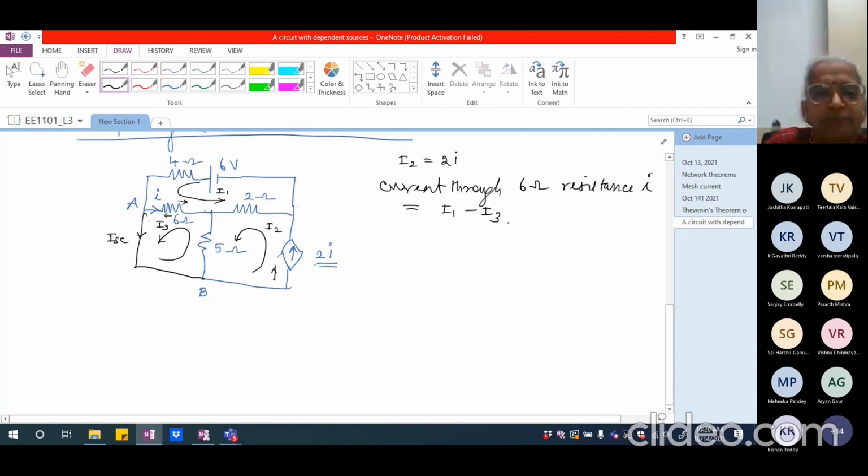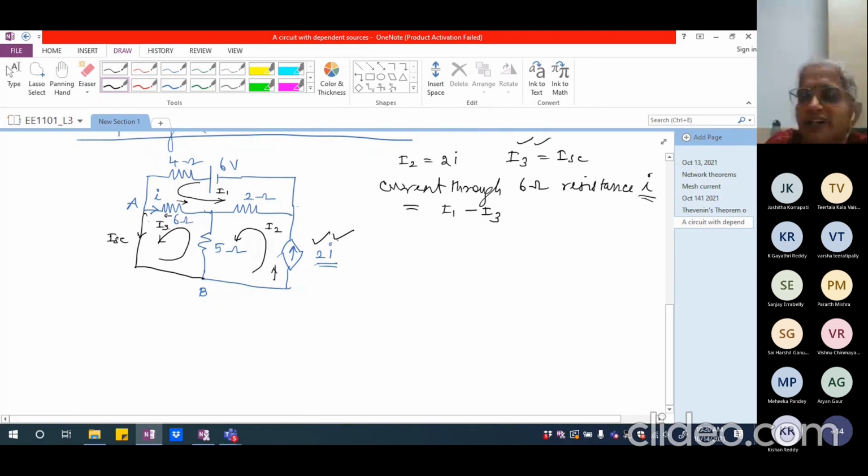Is this clear? I1 is flowing from left to right, whereas I3 is flowing from right to left. So I1 minus I3 is going to be the current in the 6 ohm resistance, which is I, determining this value. One more thing I need to specify is the short circuit current is same as I3. So I should say I3 equal to ISC. If I solve for I3, that is good enough for me.